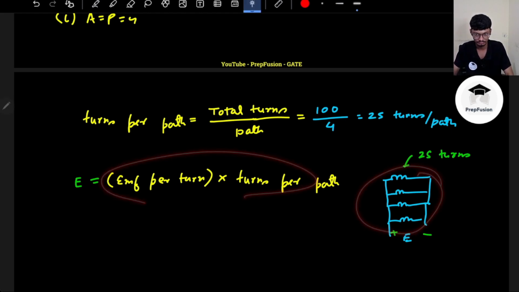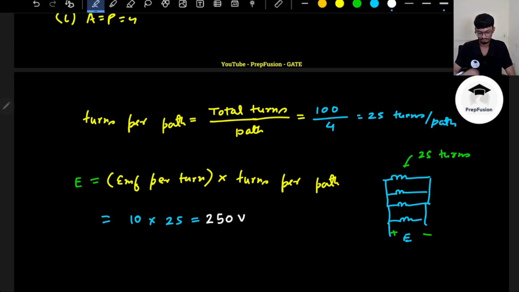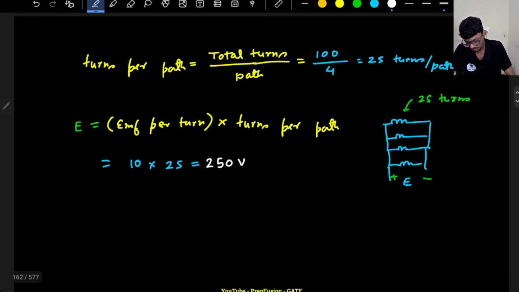Understand, draw the circuit, understand it. So EMF per turn is 10 into turns per path is 25. So this will be 250 volts. Okay, so this is one of the answers.